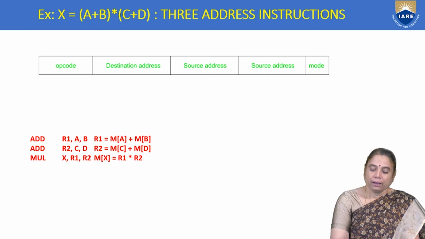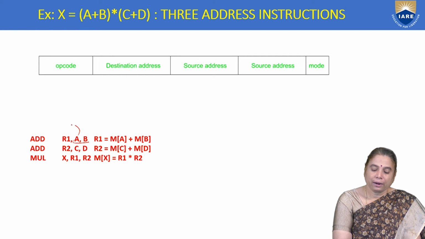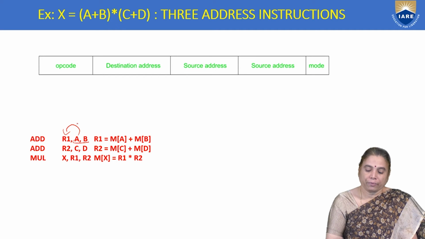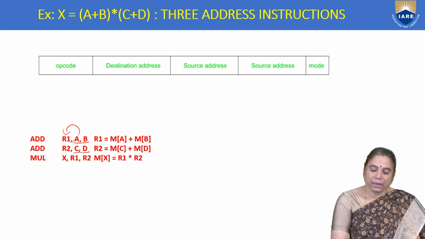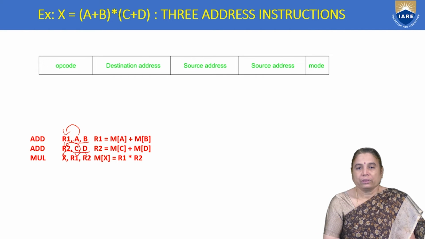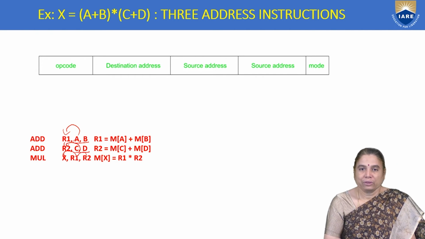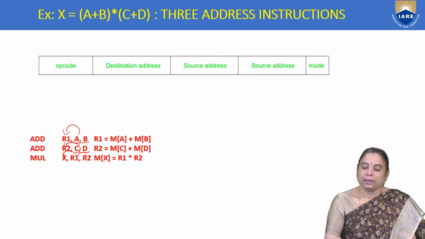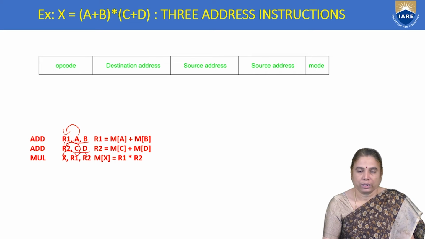So here, A and B are added and the result is stored in R1. Next, C and D are added and the result is stored in R2. Then X, comma, multiplication of R1 and R2, and the result is stored in X. So this is the sequence of execution of micro operations in the case of three address instructions.